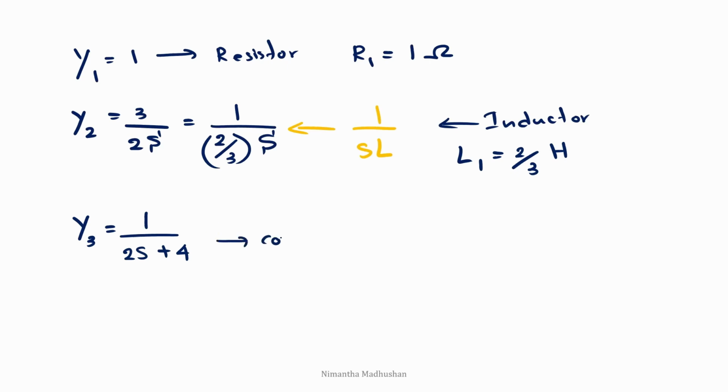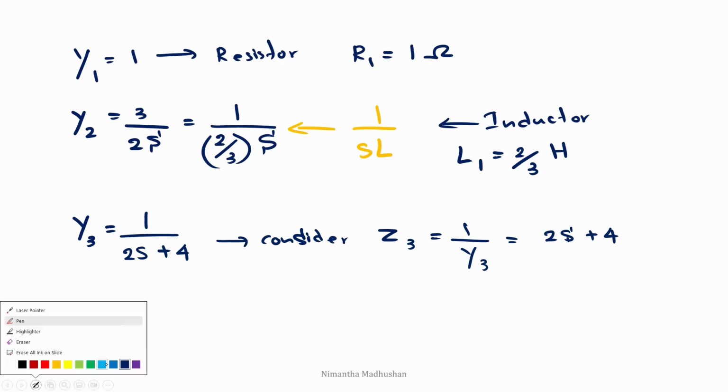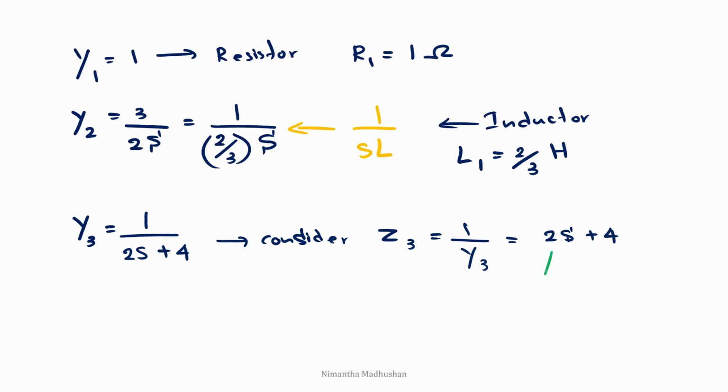Then I consider the impedance value Z3 is equal to 1 over Y3. Then I can write 2S plus 4 over 1. That means 2S plus 4. Then these are the small impedance values. I name them ZA and ZB.